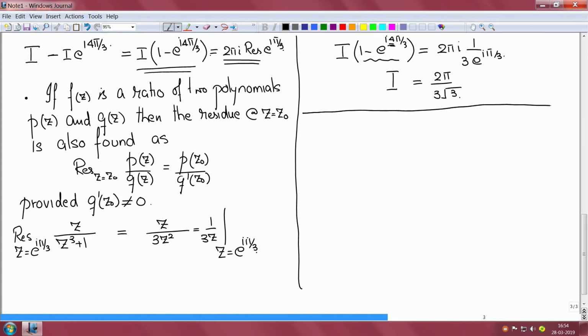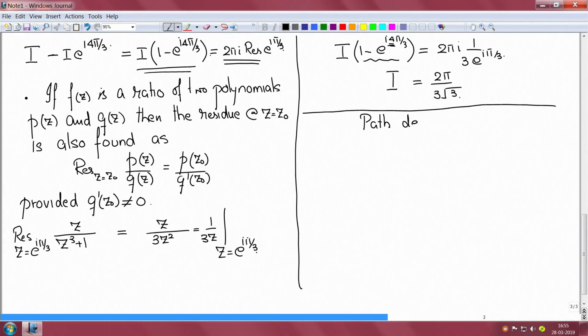Now what we are going to do is do the same problem again using path deformation. I am showing you the advantage or magic of path deformation. So I have this integral I, let us say, going from 0 to infinity of x dx over x cubed plus 1.